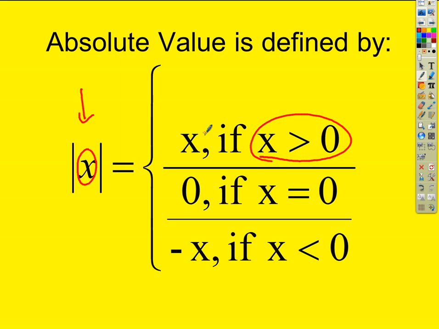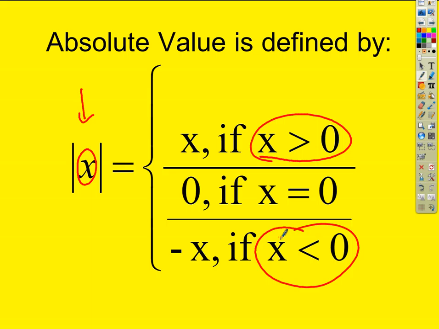Make sense? Okay, but if the input is negative, so in the case where the values of x that we're inputting are negative, what do we do? Well, what's the absolute value of negative 7? 7. Now, how do you turn a negative into a positive? We multiply a negative by a negative to make it positive.